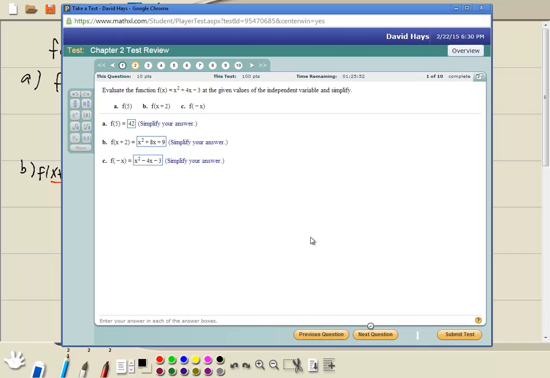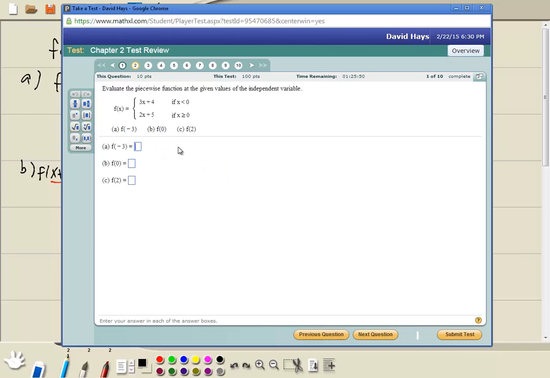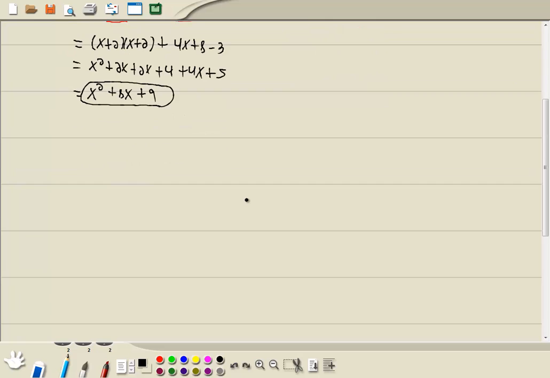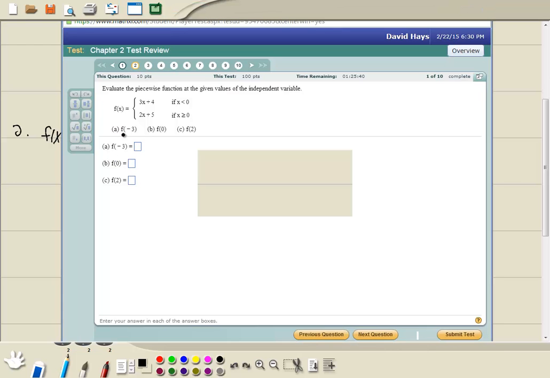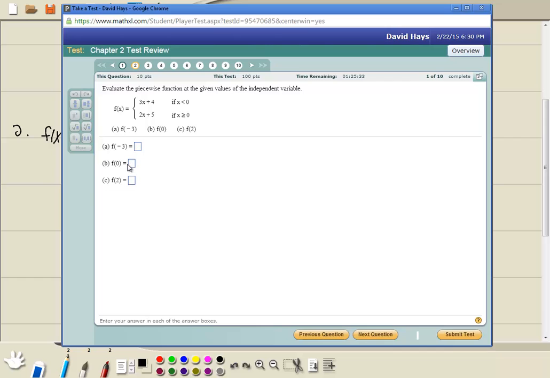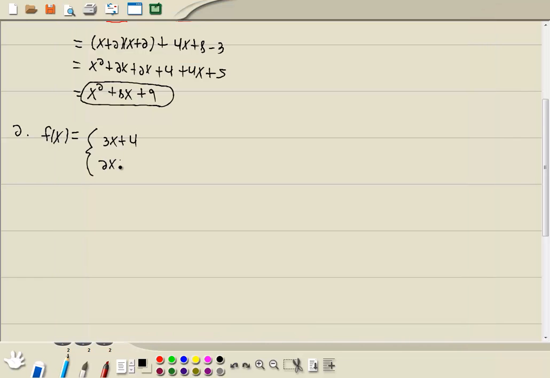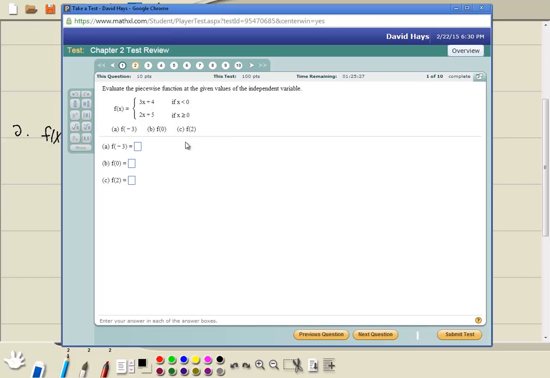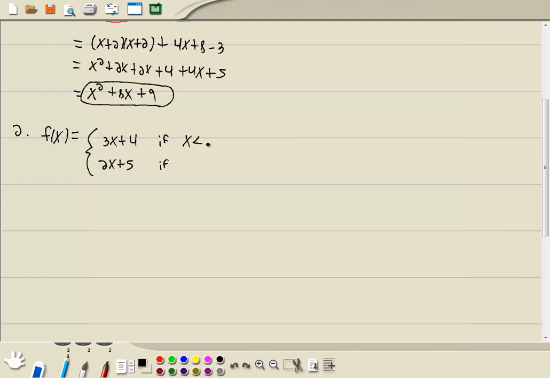Click the next question. Okay, evaluate the piecewise function. I really can't speak. Okay, f of x is equal to 3x plus 4, 2x plus 5, and this first piece is if x is less than 0, and the second piece is if x is greater than or equal to 0.